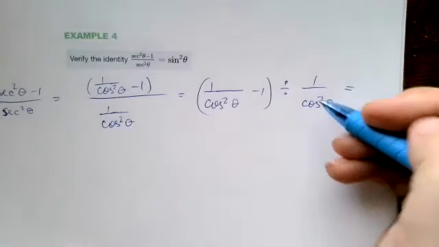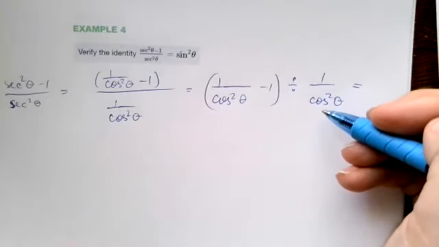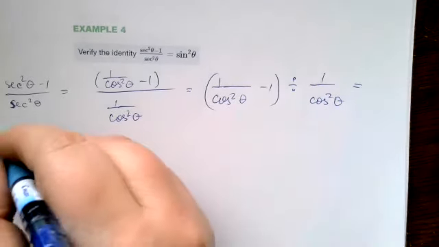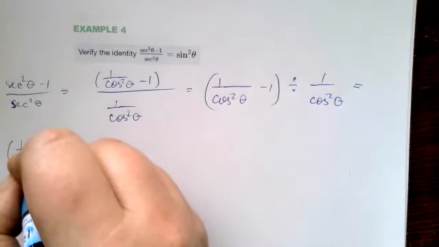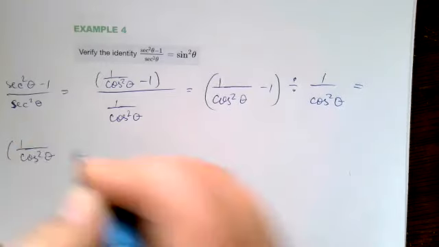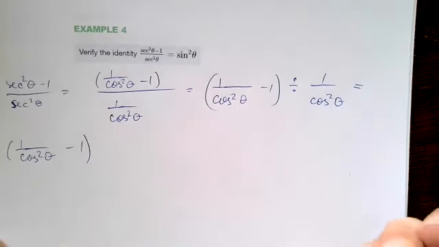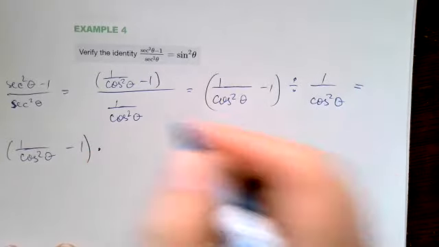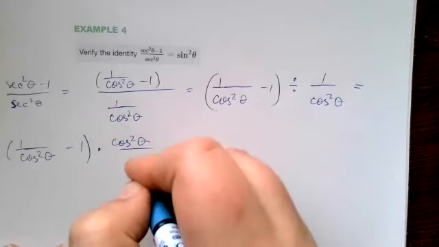Okay, so now dividing by a fraction is the same as multiplying by its reciprocal, right? So I'm going to apply it here. I have 1 over cosine squared theta minus 1 times cosine squared theta over 1.